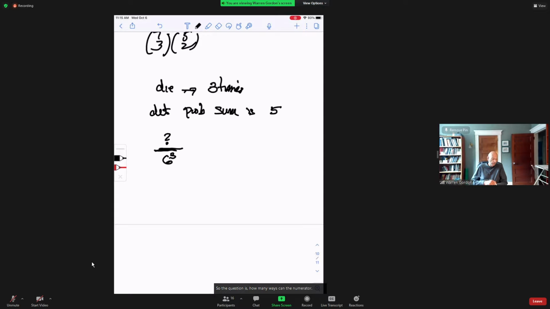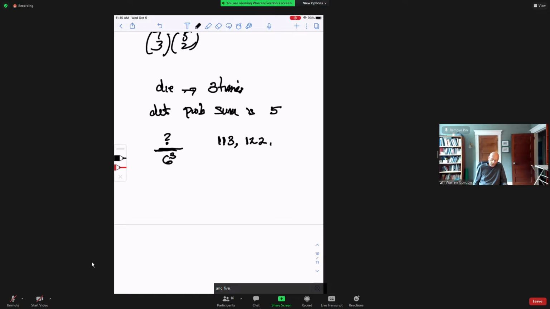Well, there are a couple ways of doing it. One way, of course, is to look at the possible cases. The first could be 1, the second could be 1, that's 2, and then we get a 3. Or the first could be a 1, the second could be a 2, that's 3, and a 2 makes 5.